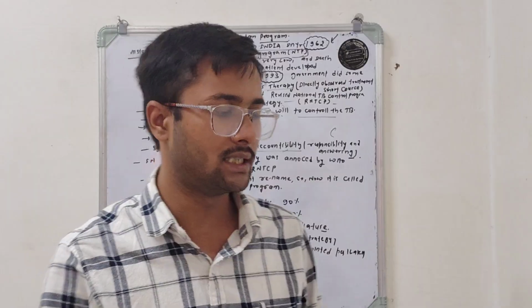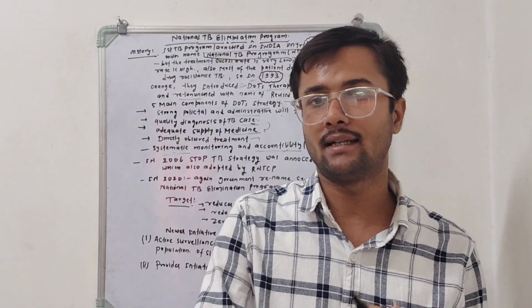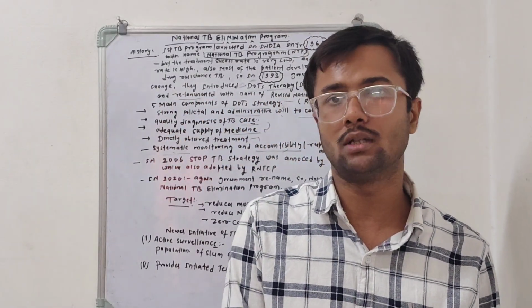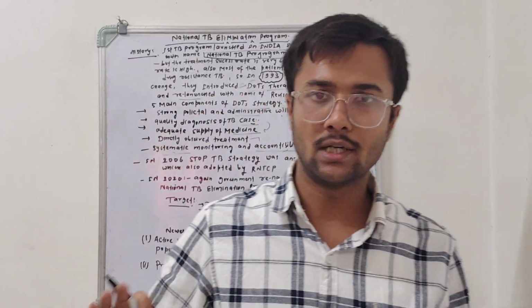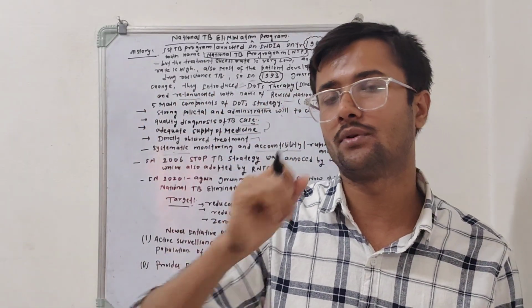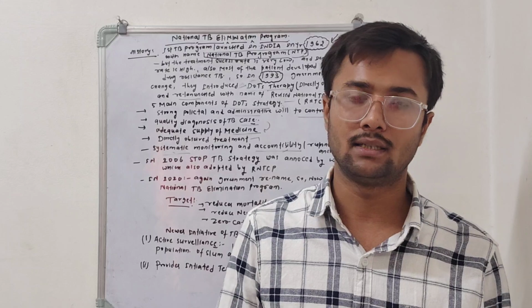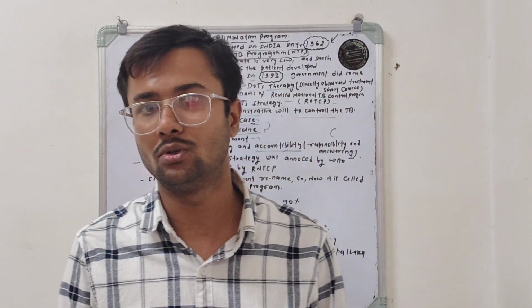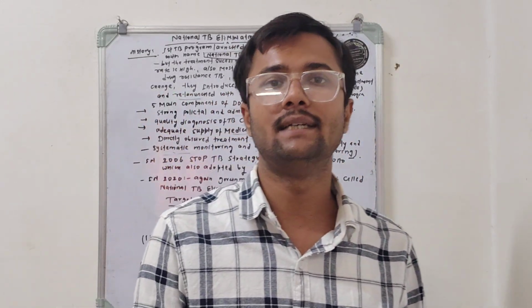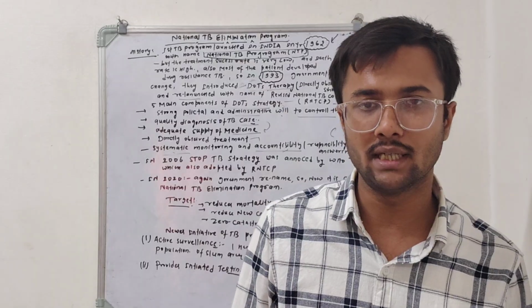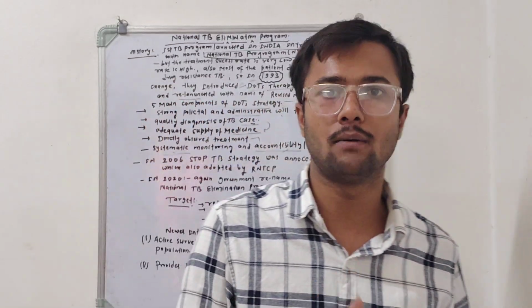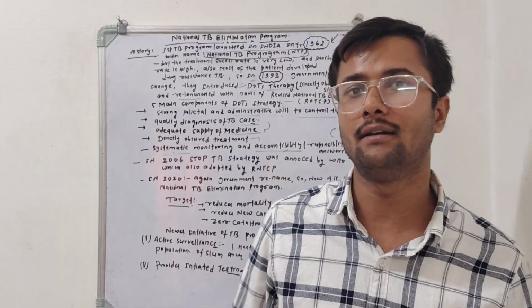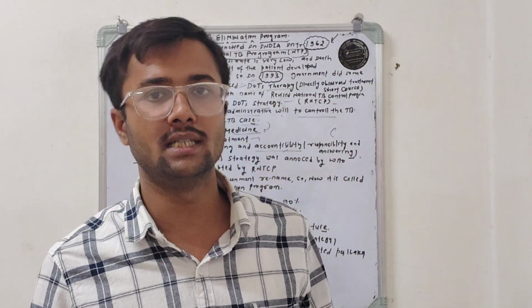So what are the 5 components? The first is the strong will of both government and administrative officers to control TB. The second is quality diagnosis of TB cases. The third is proper supply of medicine at each PHC level.